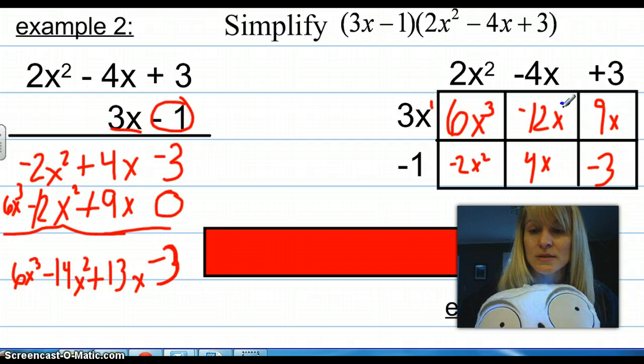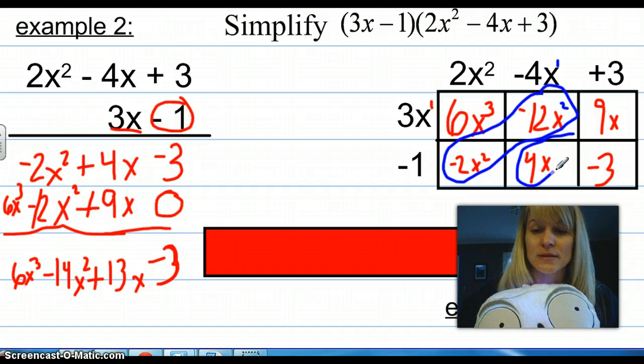This should be x squared, right? The reason I knew I messed up is because these should be like terms, and they weren't. So I went over here and looked, oh, I messed that up. That's x and x, that should be x squared. So now my like terms match up this way. Those are like terms. And then these are like terms, just as with a binomial.